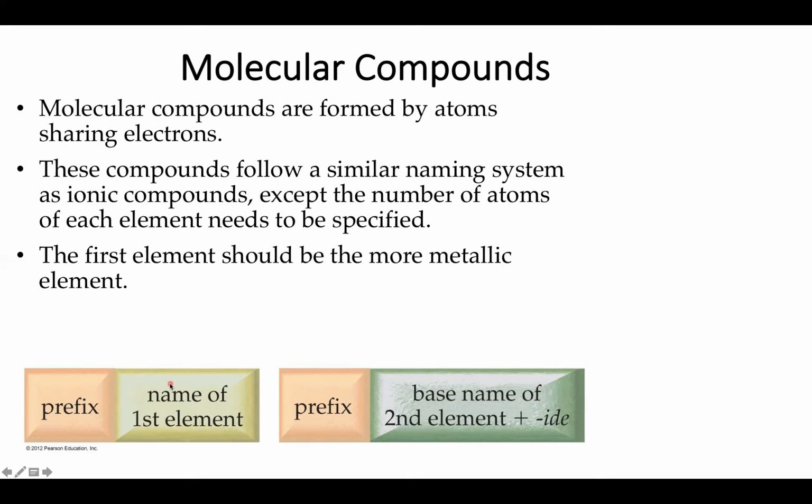So this will follow a lot of the same rules we had when writing out a structure. Then for the second element, just like ionic compounds, we'll go ahead and use the suffix of "ide" to reference the second species.